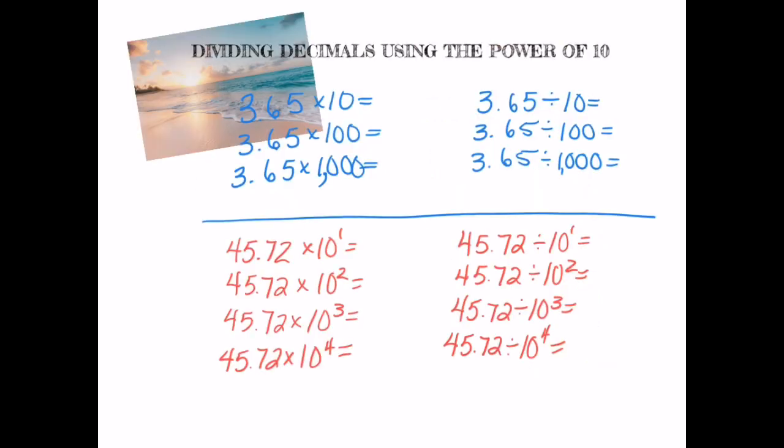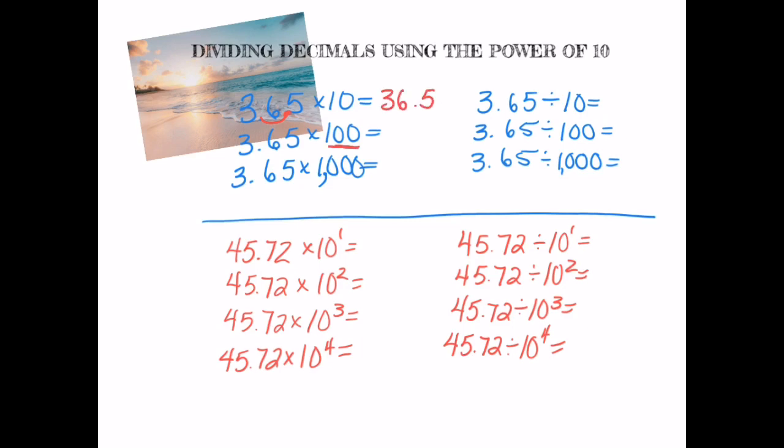So yesterday we looked at multiplying by powers of 10. One of our rules was that when we're multiplying, we move our decimal to the right by the number of zeros or the number of exponents to make our number larger. For this one, we move it over and it becomes 36 and 5/10.